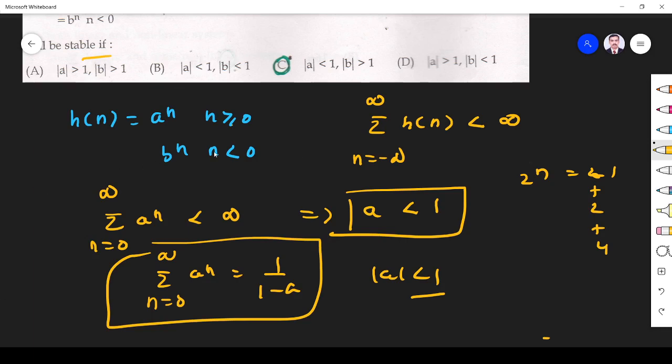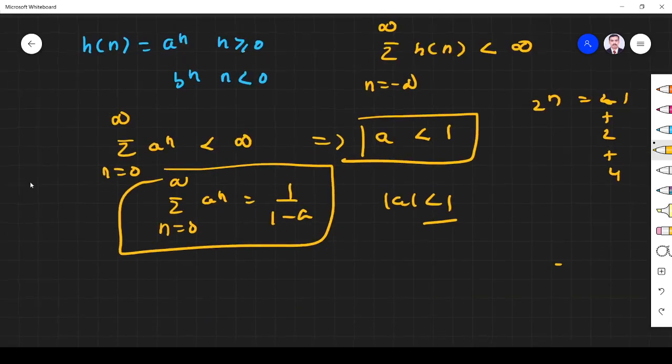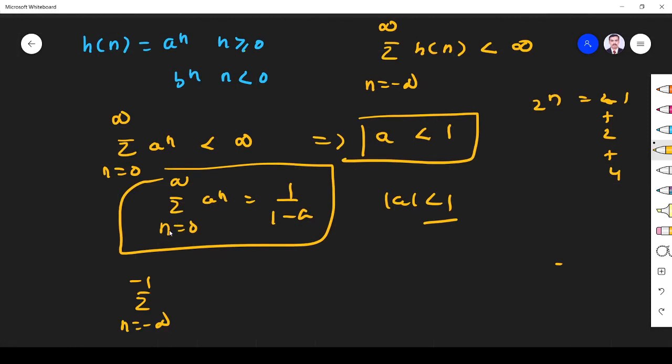Second, you see n is less than 0, right? So n less than 0 means in this formula, n varies from minus infinity to minus 1, b^n. This must be less than infinity. So for negative n, this b must be greater than 1. Why? If b is less than 1, what will happen?